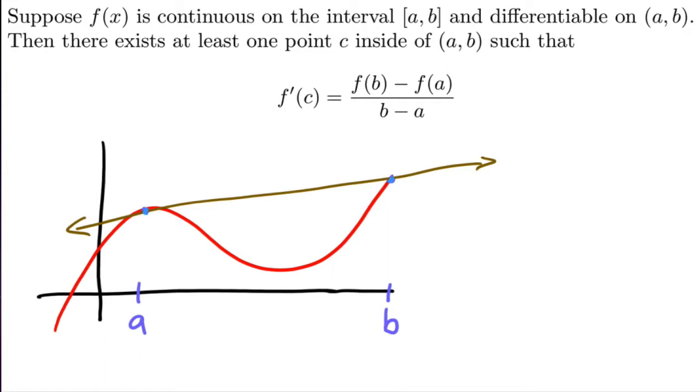So if you just go along here, imagining the tangent line, you notice that right around here, if I draw the tangent line, the slope of it would look very similar to that secant line. And so that's all the mean value theorem says.